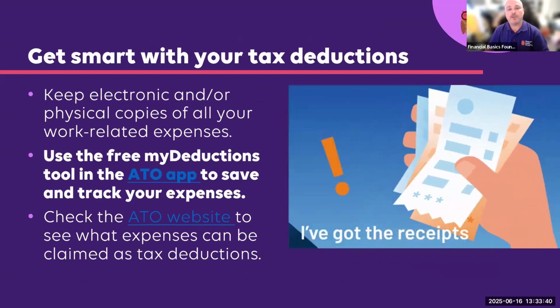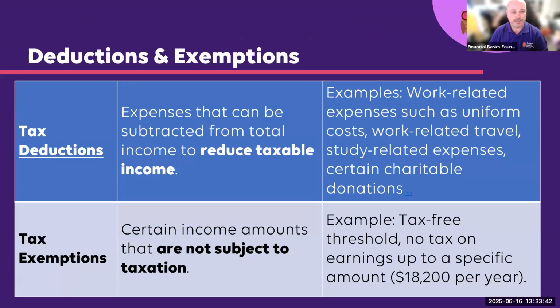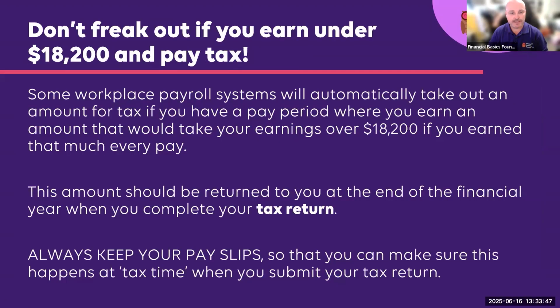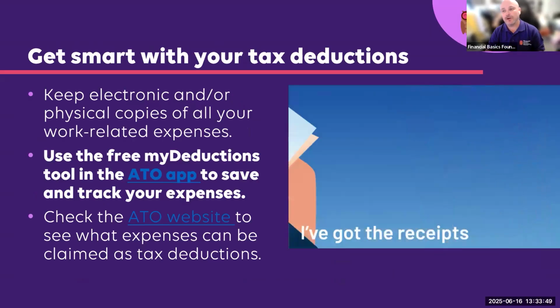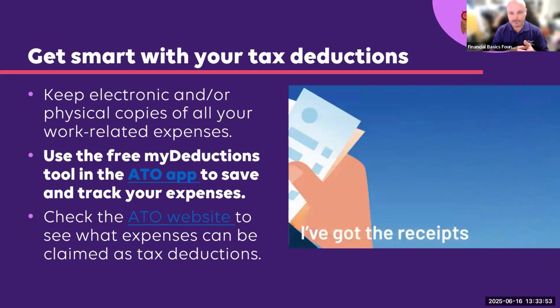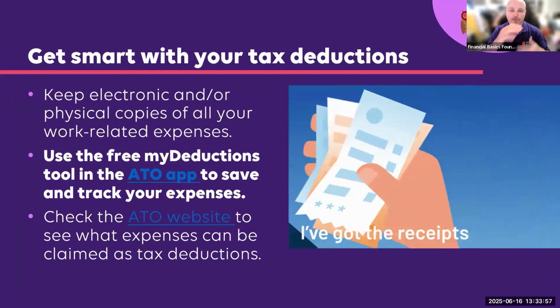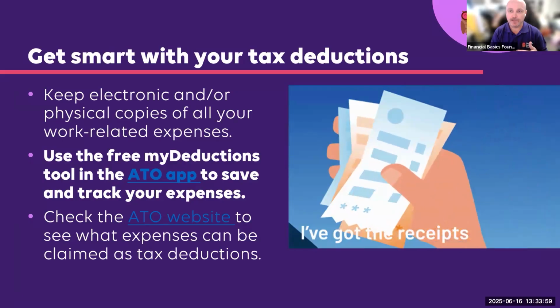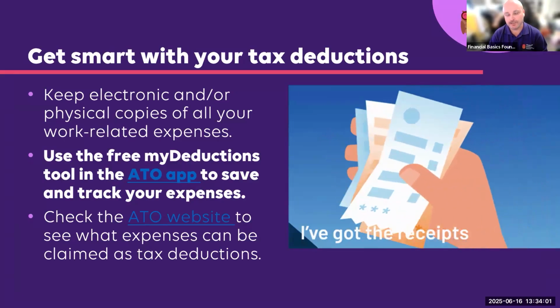I went through 2 things here that I said, deductions and exemptions. Deductions are things that you can keep a record of and claim back, to say, hey, I paid this amount in tax, but here's a record of the things that I would like to claim as a tax deduction.